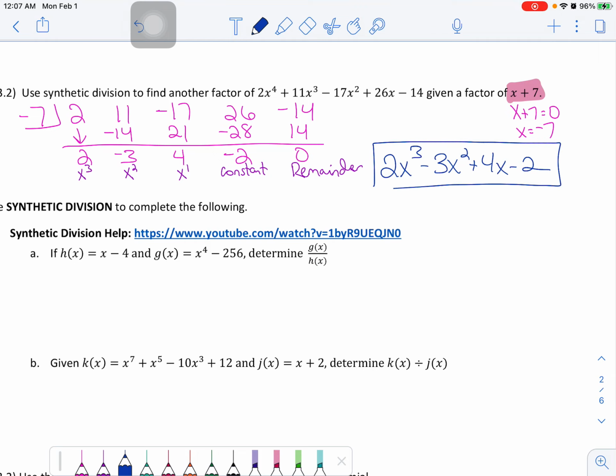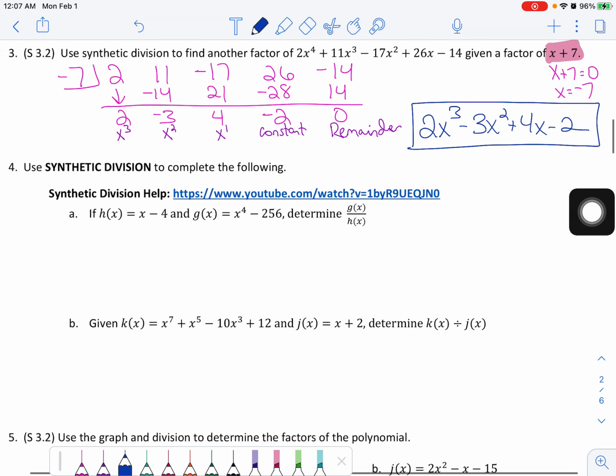So that is the other factor for our polynomial. All right. You might be asked in a different problem to continue factoring that given more information, but based off of what we have right now, this is it. All right, so just let it be.